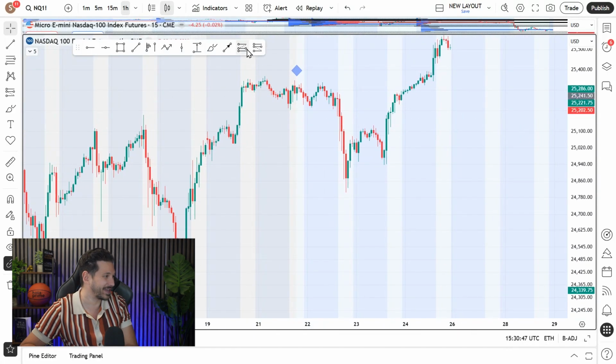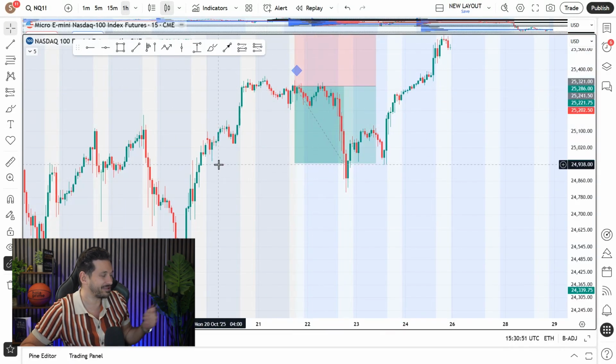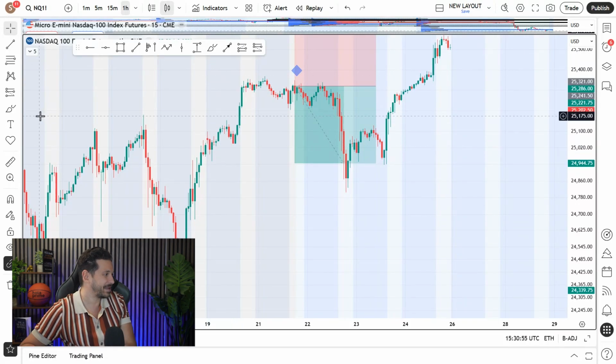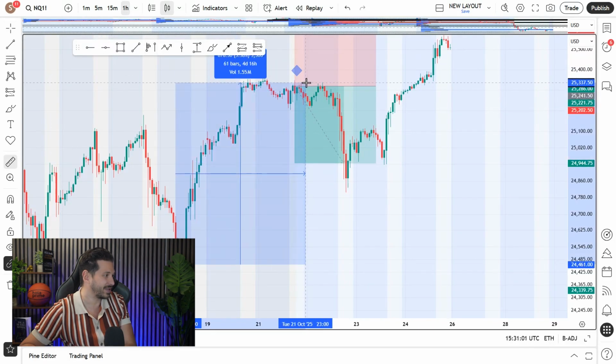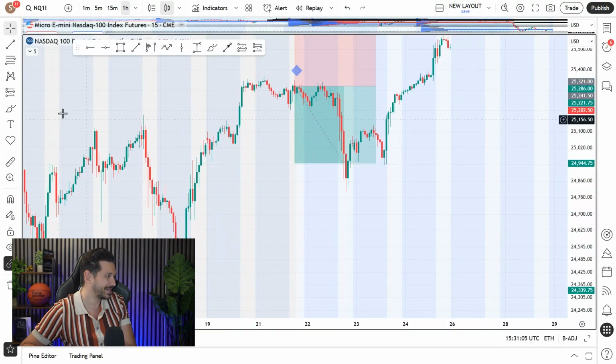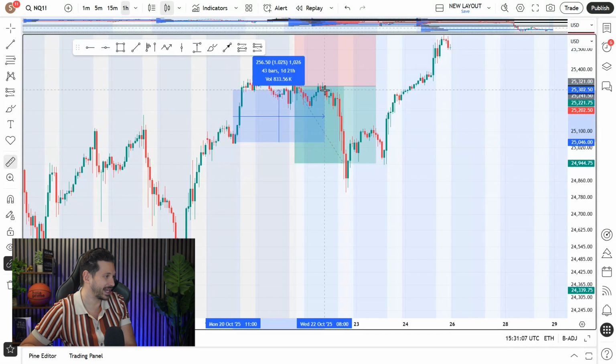All right, so this one, again, we would have shorted. Now it depends how you view it, right? It really depends where you measure the leg from. Because if you measure the leg from obviously the bottom here, this is going to be a stop out, no doubt. But if we measure the leg from here, we're going to have to set more strict rules of what constitutes a leg.